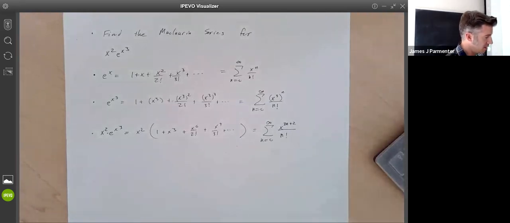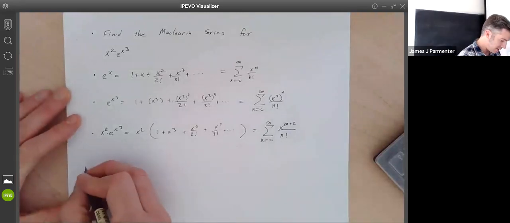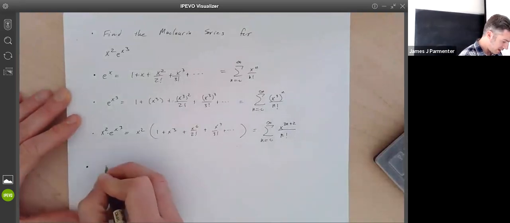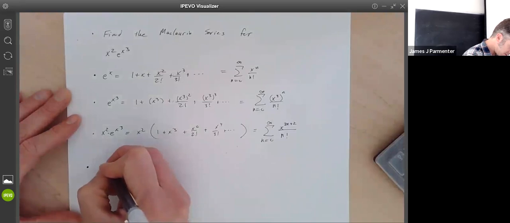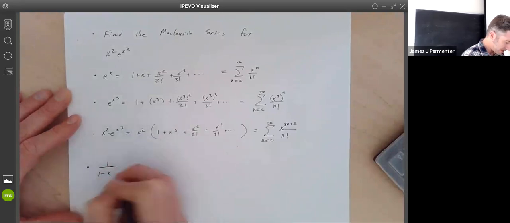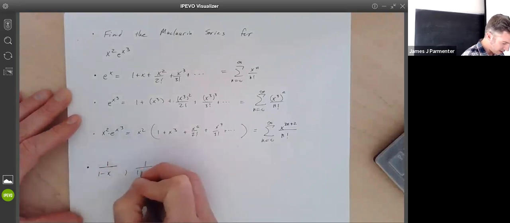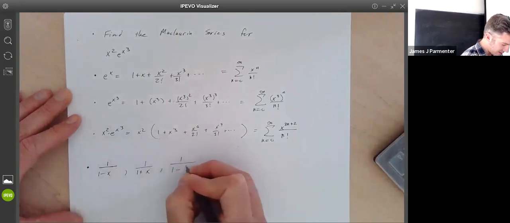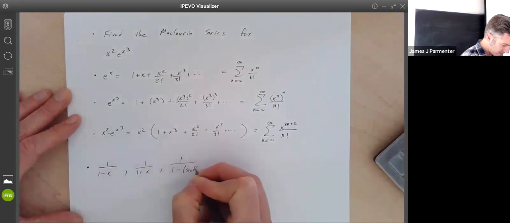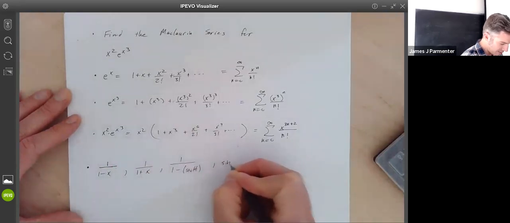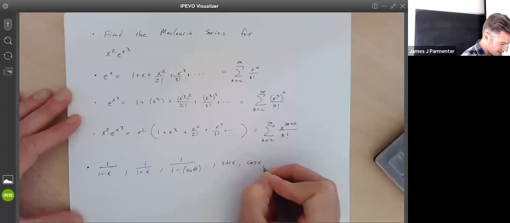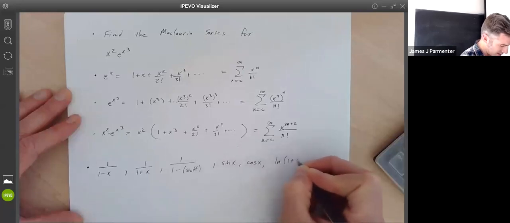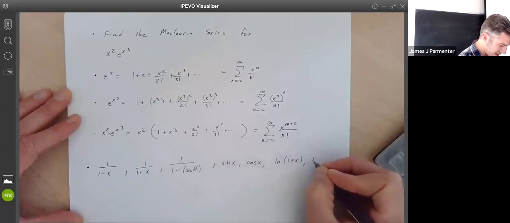But basically, if you see something from this list, if you see a 1 over 1 minus x, a 1 over 1 plus x, more generally, a 1 over 1 minus something, a sine of something, a cosine of something, a natural log of something, or even an inverse tangent.